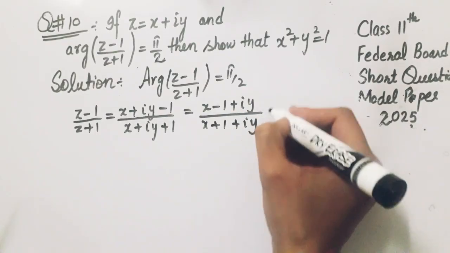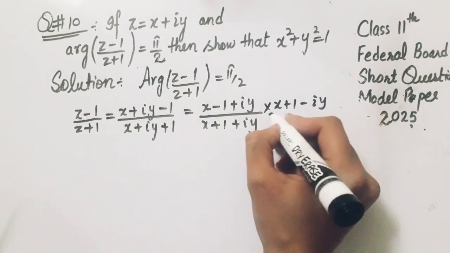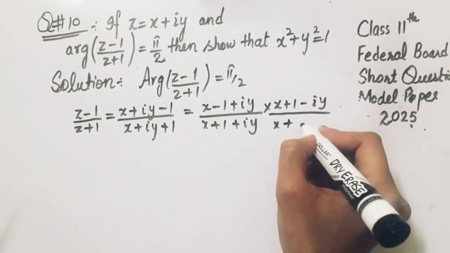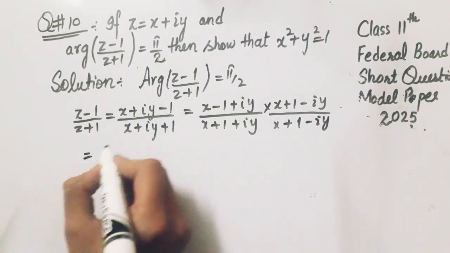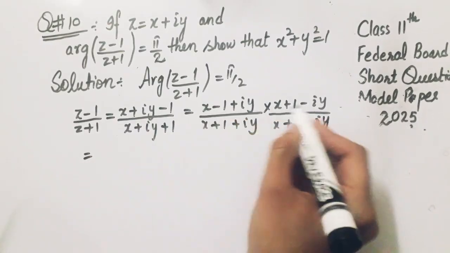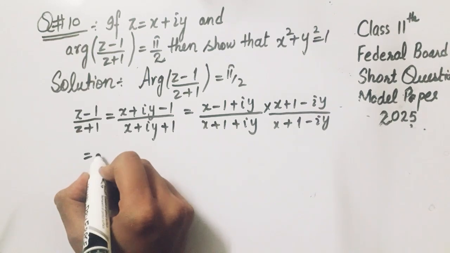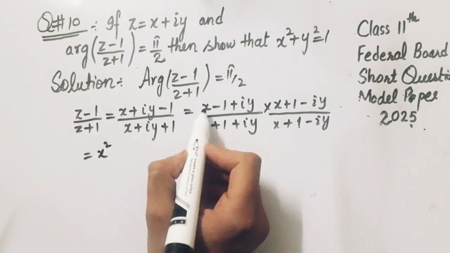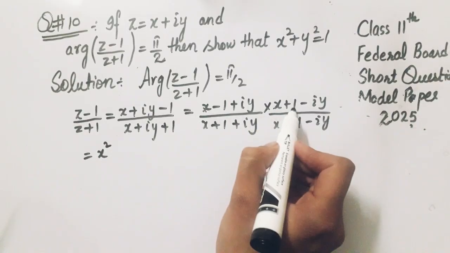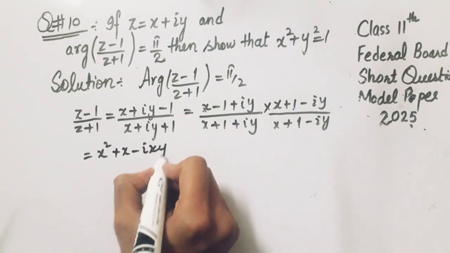Now we will rationalize this by multiplying by x plus 1 minus iota y on the numerator and denominator. So we will have x multiplied by this: x into x is x square, then x into 1 is plus x, then minus iota xy.